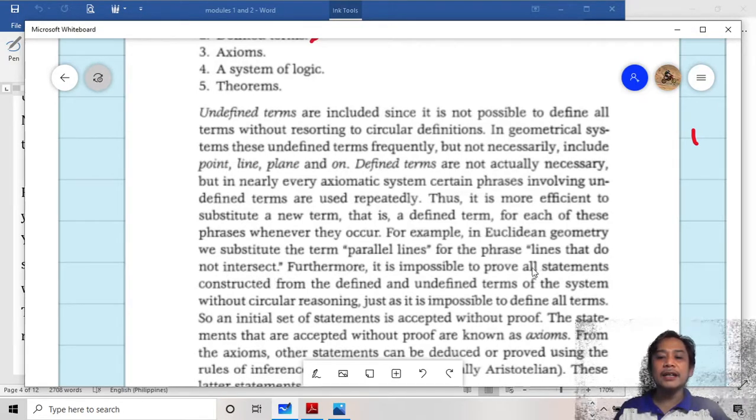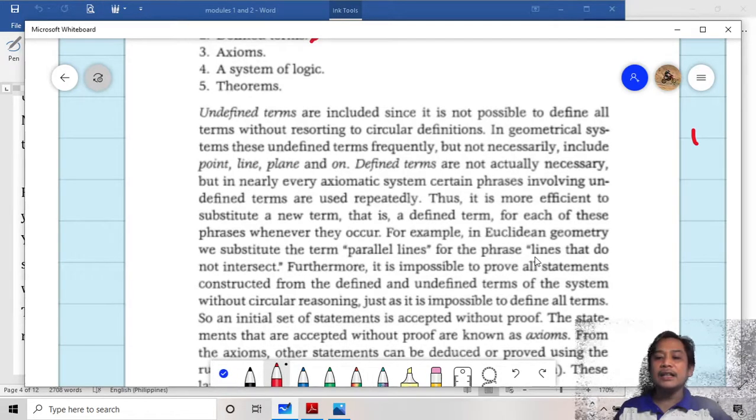Take note that this definition of parallel lines makes use of the undefined term lines and the notion of intersect. So first we would have to define when two lines intersect. Maybe we can define that two lines intersect if they have a common point, or at least one common point. Okay.